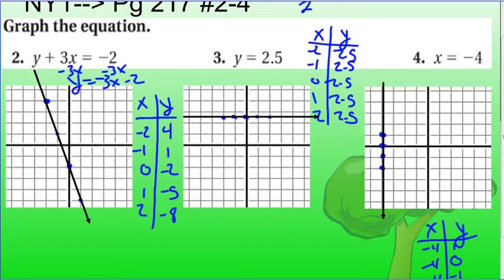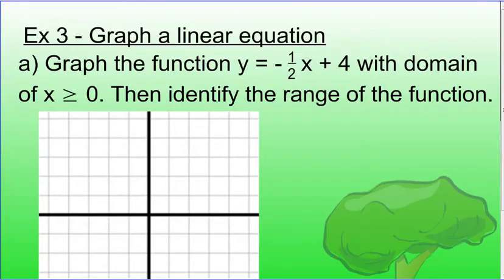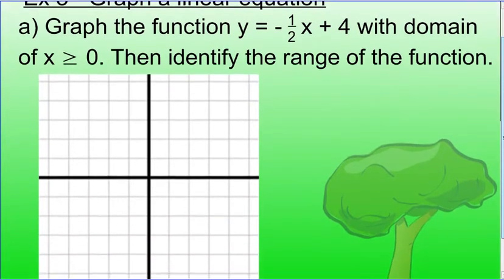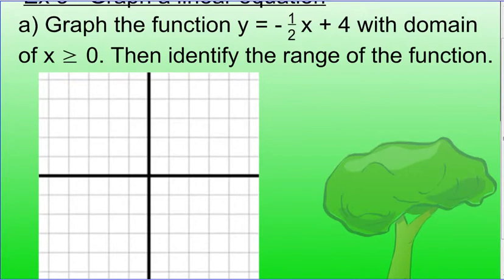Okay. Now we're going to graph a linear equation, which, by the way, we've done a whole bunch of times now. So we're going to graph this function. It's going to give us a domain, and then we have to find the range. So the first thing we need to do is make ourselves our nice xy table. I like to use those same numbers, so -2, -1, 0, 1, 2.